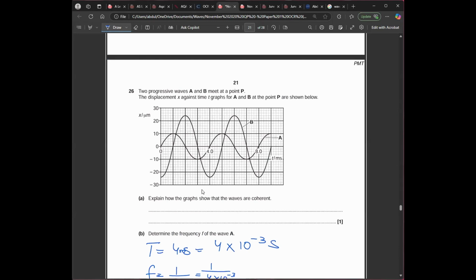One box is representing 1 millisecond, so 2 and 2.5 would be somewhere here. So that means this point for this one, and I go like this one, this point.